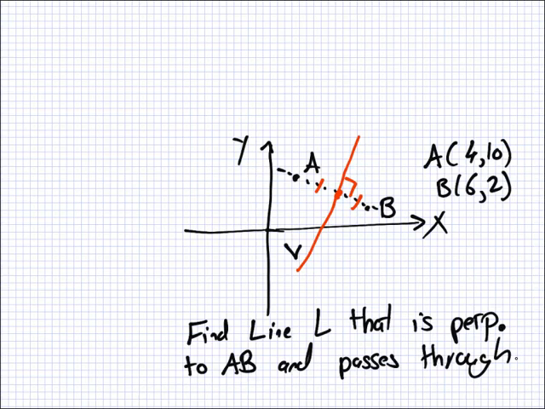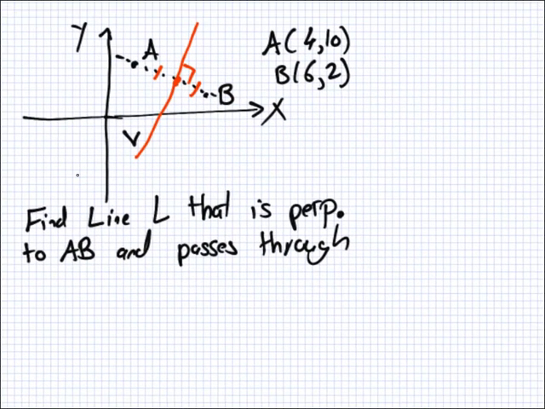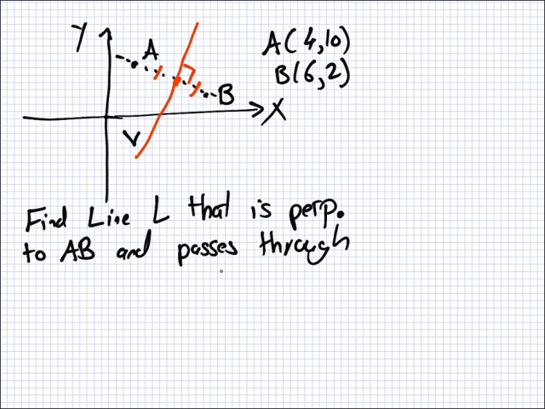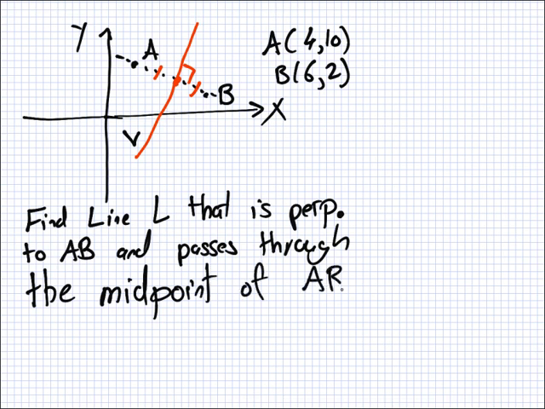You see where I'm going with this, Jason? Jason's going to finish the sentence. Go ahead, Jason. What am I going to say next? Passes through the. Go on. I think you know. Okay, fine. And passes through the midpoint of AB.